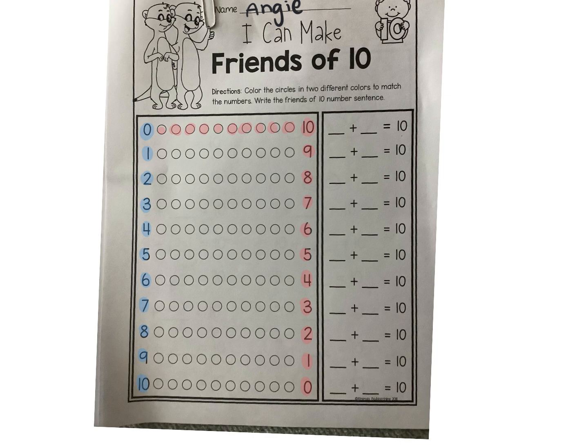Then on the next one, we have 1 blue and we have 9 red. So 1 blue plus 9 red equals 10.